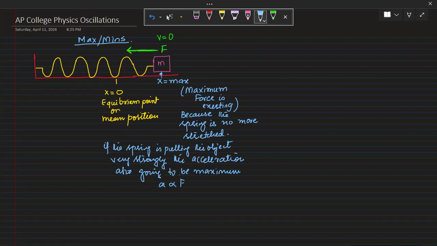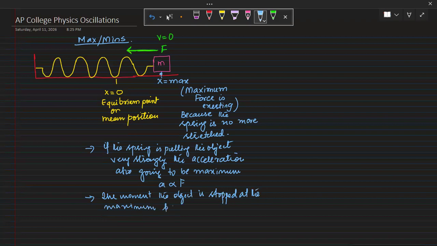So the moment the object is stopped at the maximum point, the velocity is zero, right? The velocity is zero.